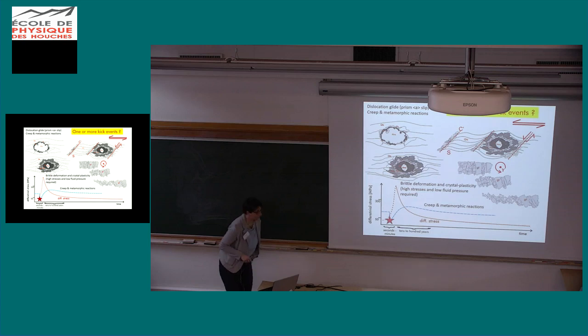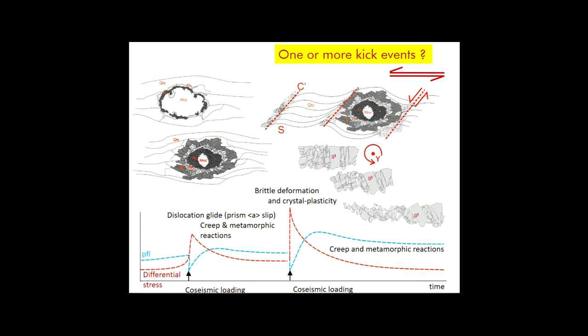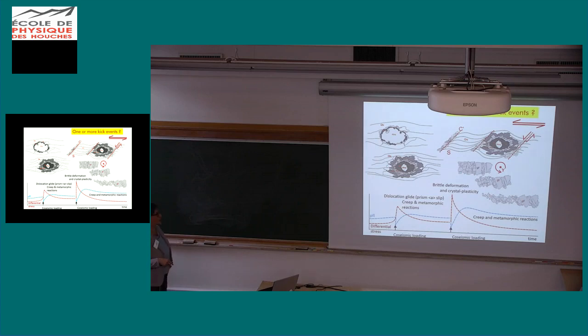The question now is, do we see one or more kick events? And what about this process here? What about the first foliation? Is that a kick or is it not a kick? I would argue, yes, it is also a kick, but at probably not that high differential stresses and at a different distance to the crack tip of the seism.